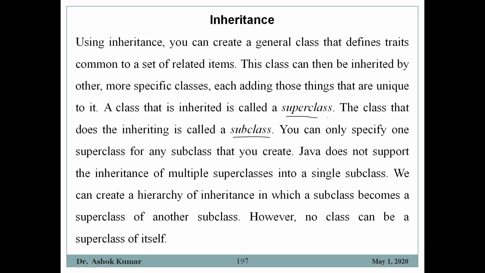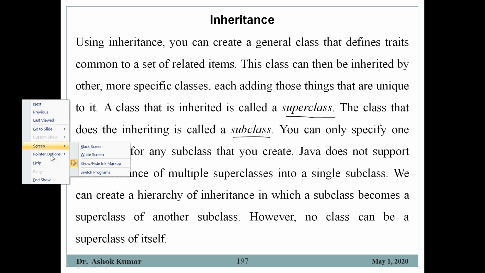So where should we use inheritance? Basically, inheritance allows us to do reusability in Java source coding. For example, if we want to implement the hierarchy of the jobs that persons are doing in an organization, then we can have one class that may represent persons.